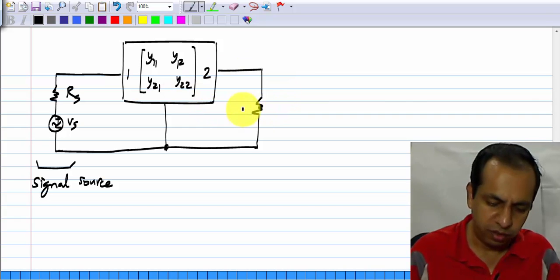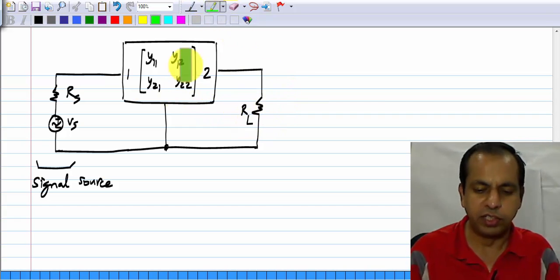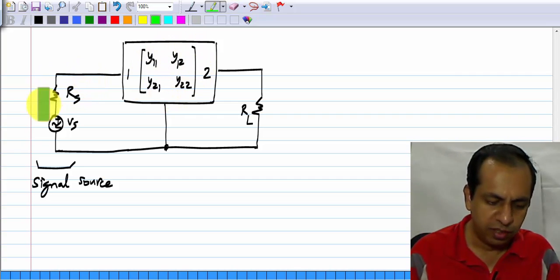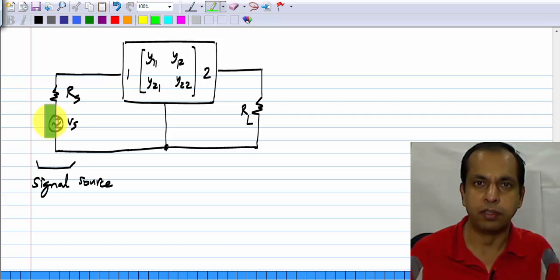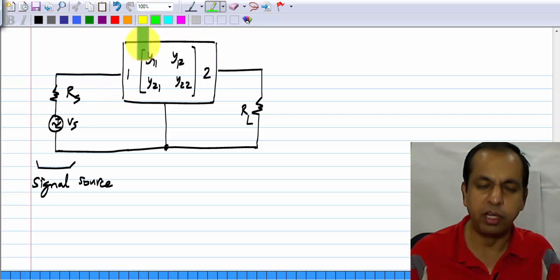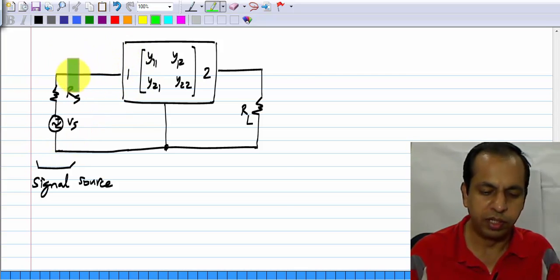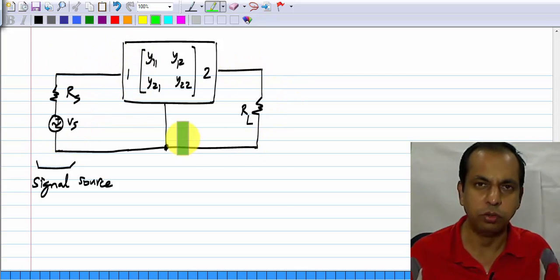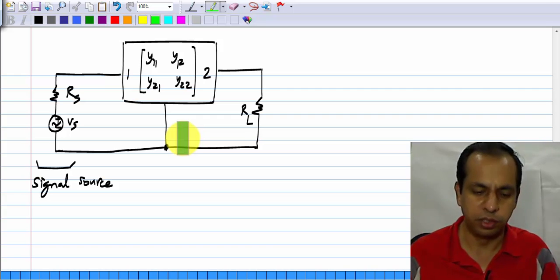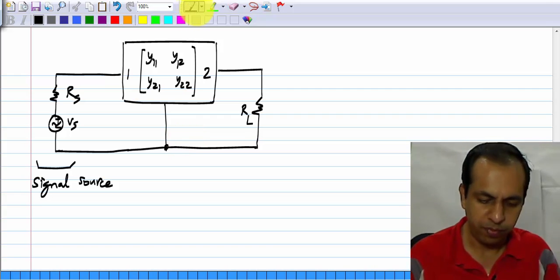So this is the incremental equivalent of a nonlinear two-port. We will later see when we go to the specific device how to come up with a circuit which has this as the incremental equivalent. We will somehow assume that the incremental equivalent of our circuit is such that the signal source is connected to port 1 and the load is connected to port 2. So this part is pretty simple.